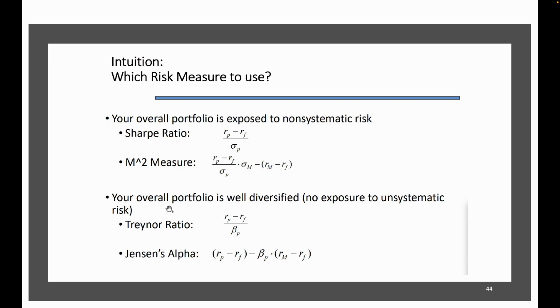Now let's start here. If you are a diversified investor, so you do what Markowitz says you should do, then you don't have any exposure to unsystematic risk. And therefore, if you compute how much return you earned relative to the risk-free rate, you would take this relative to the beta that you took. Like this Japanese anecdote, they care about how much beta they had and how they performed. And when they say you did a great job, they refer to this alpha here.